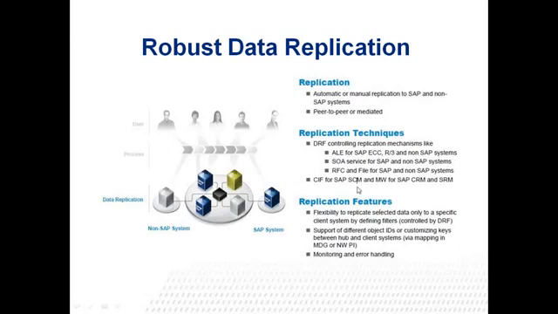Similarly, a supply chain management system which can understand SIF messages and CIF messages, in that format also MDG can trigger or replicate the data into the downstream systems. So this is why we say SAP MDG has robust data replication.